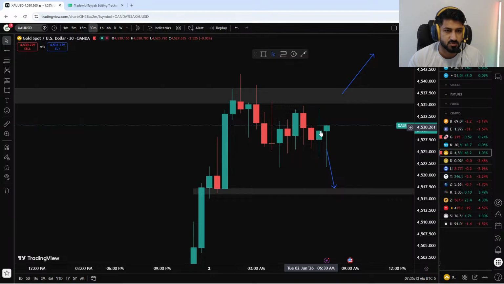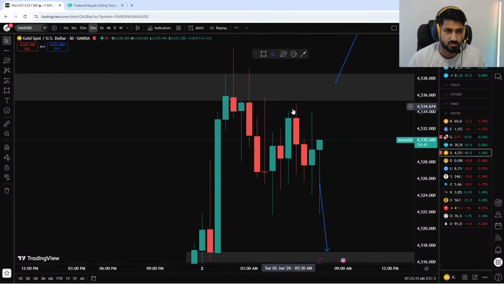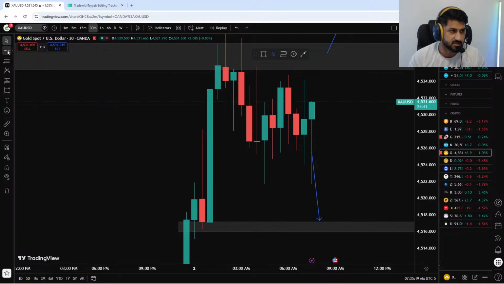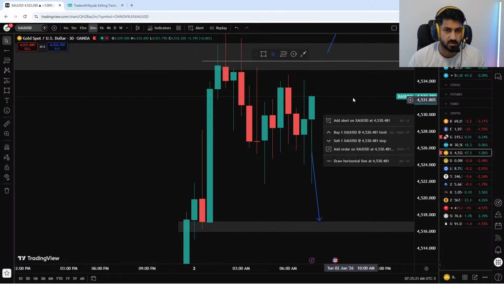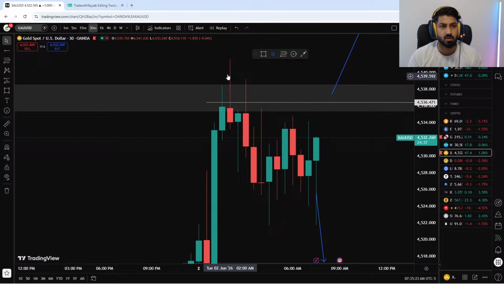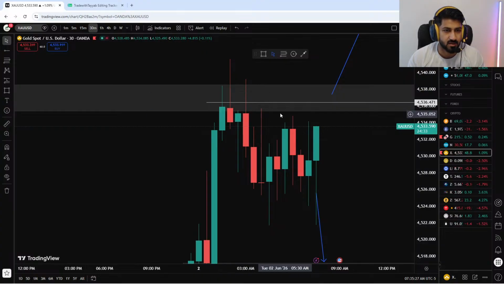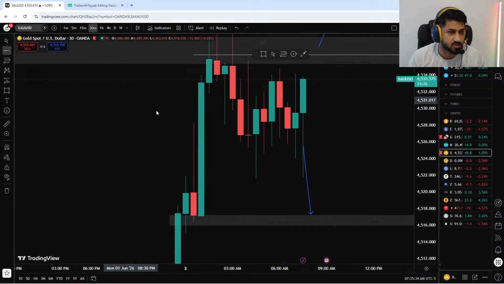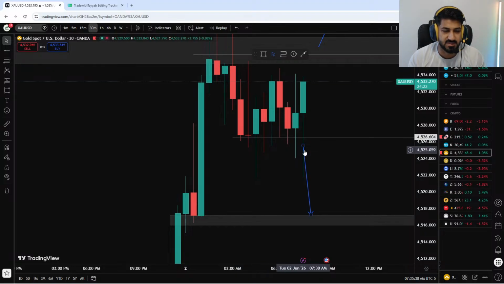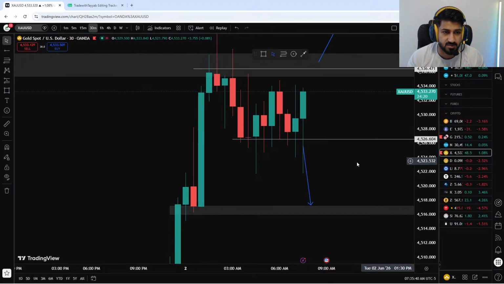What I will be expecting is for price to close above this area, because we've tried once, twice, three times and didn't close above. If we close above, there is a higher probability for price to continue to push up. If we close below this area, we've tried 1, 2, 3, 4, 5, 6, 7 times.